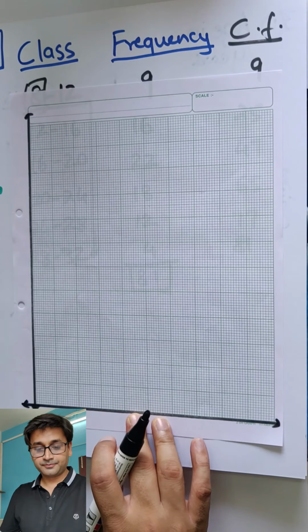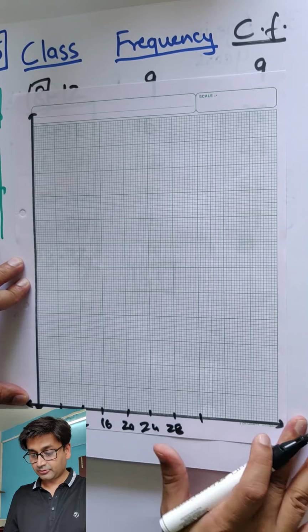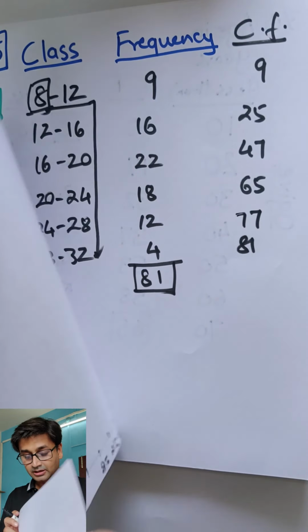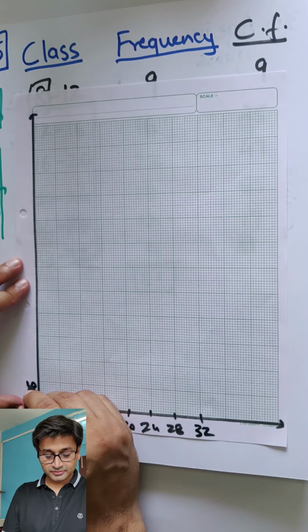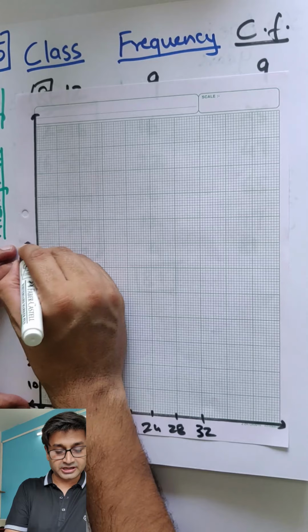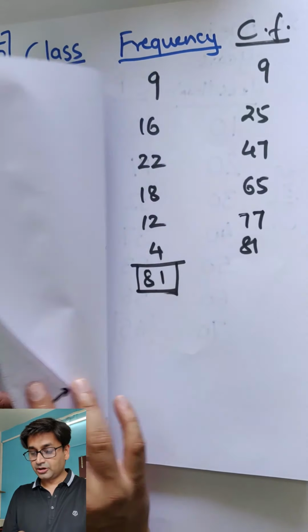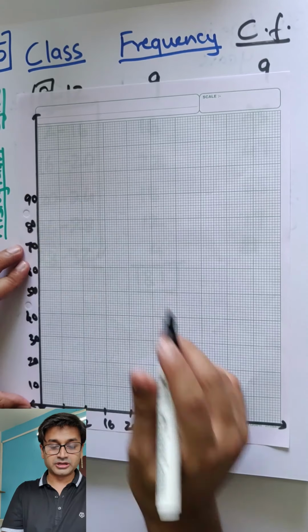So the calibration is 0, 8, 12, 16, 20, 24, 28, and 32 is the last one. Maximum, 10 we said, 20, 30, 40, 50, 60, 70 and 80. Or was it beyond 80? Yeah, 81. So we will have to go till 90.